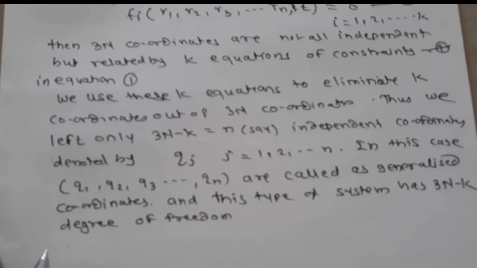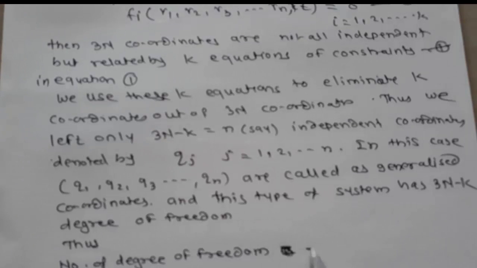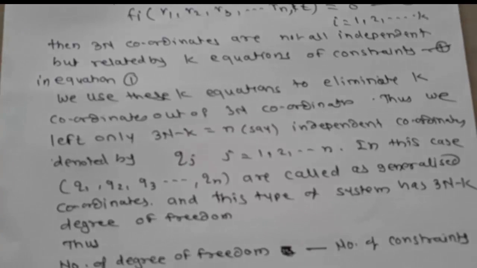Thus, from this we can conclude that the number of degrees of freedom minus the number of constraints equals the number of generalized coordinates.